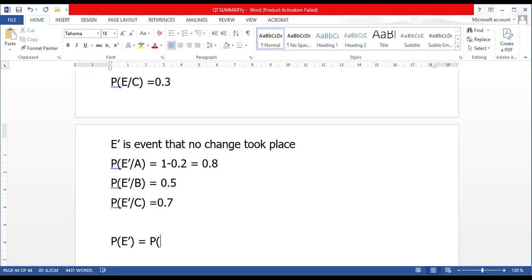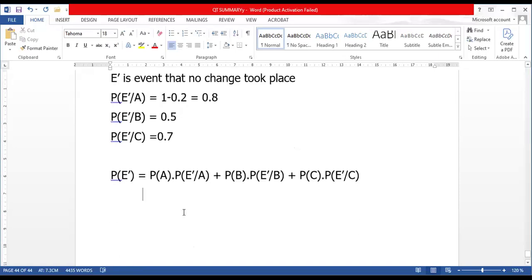You simply get probability of A times probability of E bar given A, plus probability of B times probability of E bar given B, plus probability of C times probability of E bar given C. So substitute in the formula and get the answer.